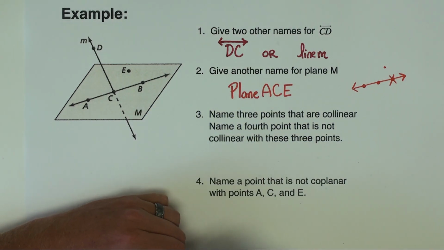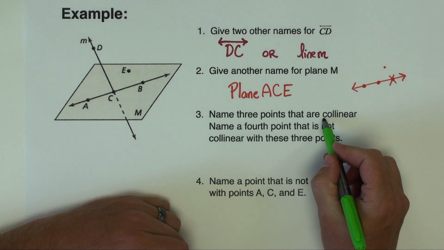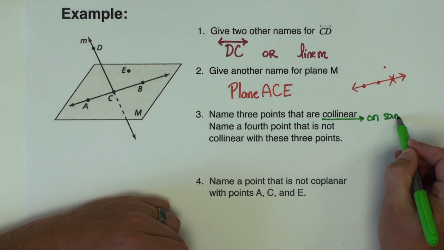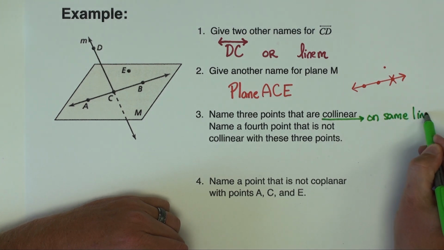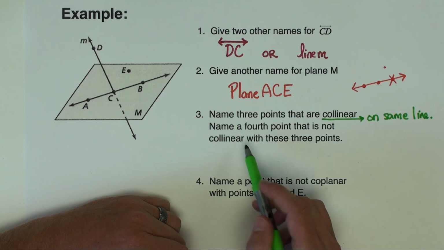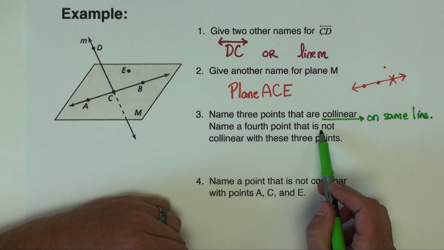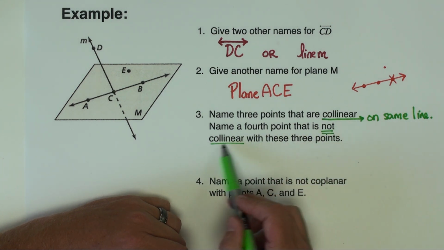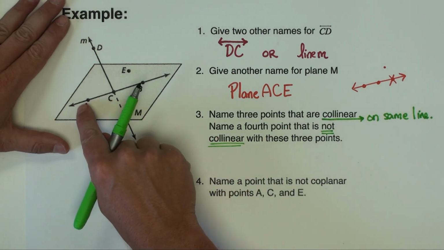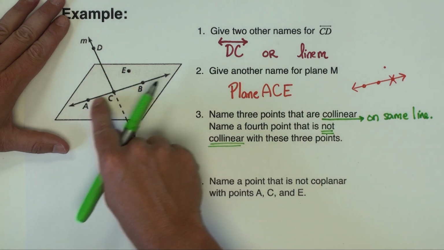Okay, next question. Name 3 points that are collinear. Collinear means on the same line. So name 3 points that are collinear, and then name a 4th point that is not collinear with these 3 points. Okay, so the only points that are collinear, there are 3 of them, are the ones on this line right here.